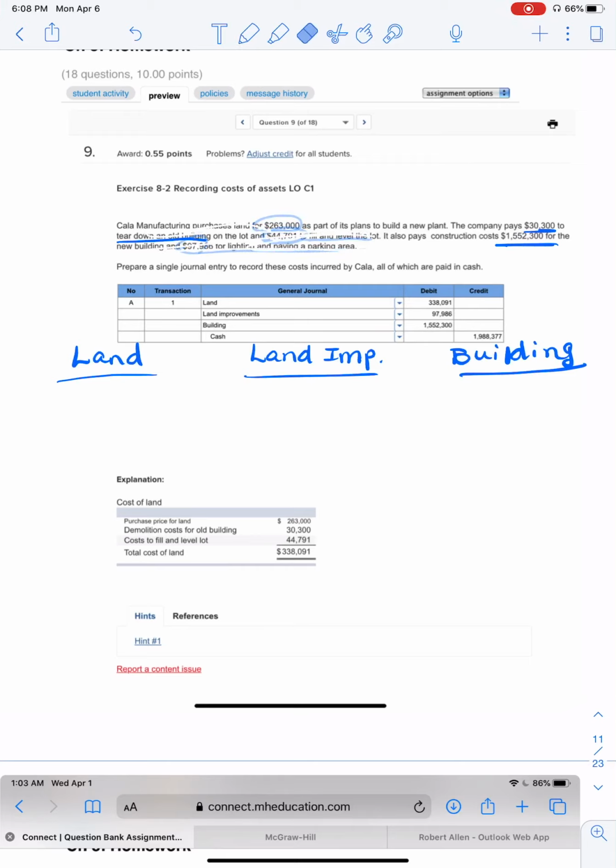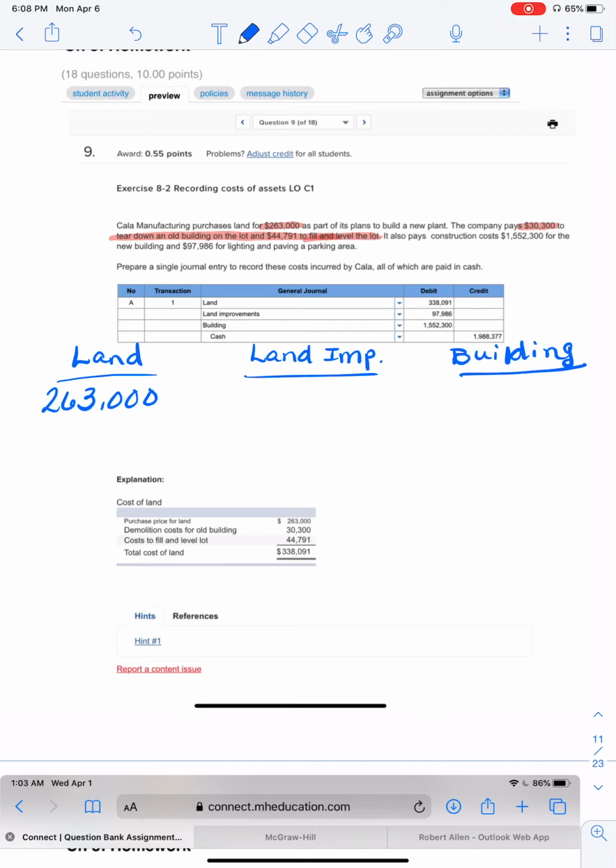So I'm going to erase all this underlining so we can see a little bit easier. And we'll just go through it. So Kayla Manufacturing purchases land for $263,000. Well, if that is a land purchase, it seems to me that that would make sense that that 263 would go with the land account. Then it says the company pays $30,300 to tear down an old building on the lot and $45,000 to fill and level the lot.